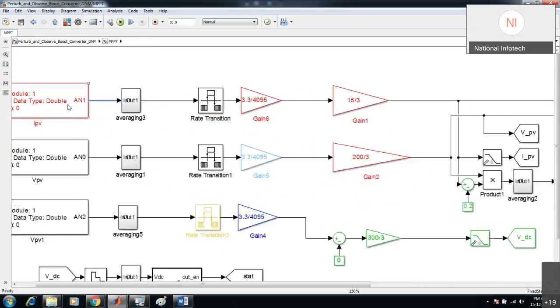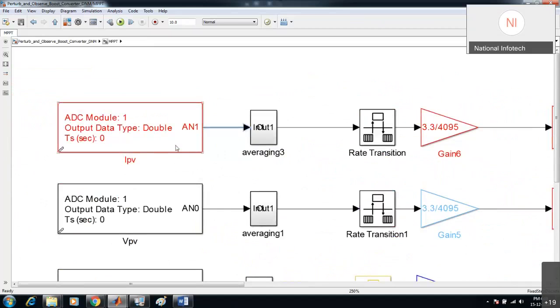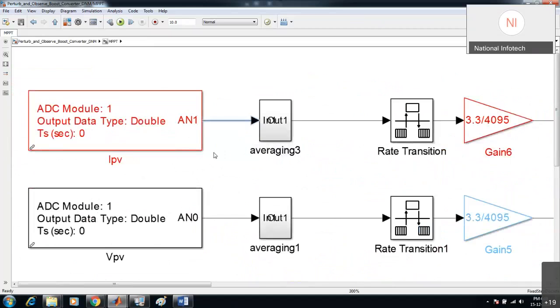This is your ADC, right? Yesterday we have seen it is a 12-bit ADC, so it will give us a count in the range of 0 to 4095, a total of 4096 counts.